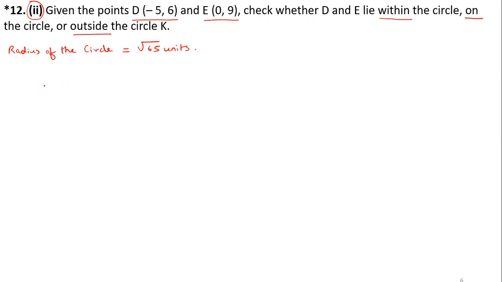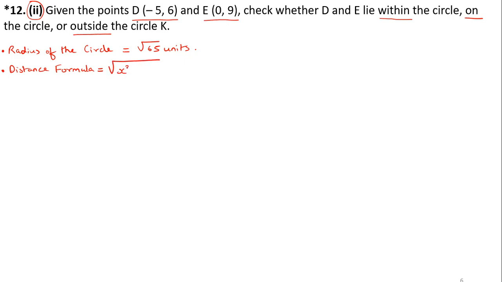Okay, and we will use the distance formula again. Distance formula. Okay, and here what is happening is we have to check the distance of this D point and E point from the origin, right, to find out whether they are lying within the circle or outside the circle or on the circle. And the origin is 0, right? Origin is 0 0, so we can use this formula only what we used in the previous question.